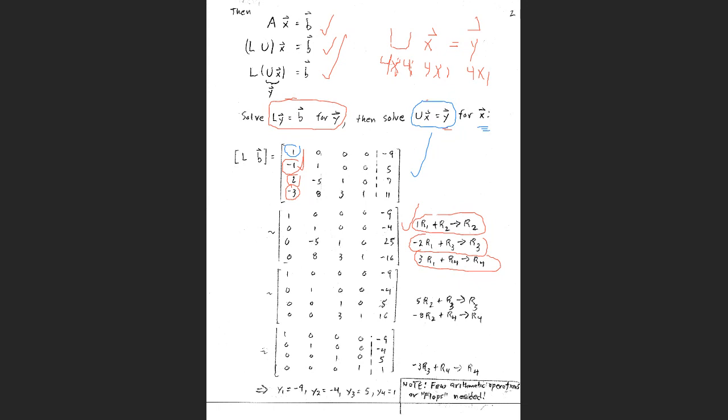But let me ask you, is it difficult to get this matrix based on the first matrix here? Were there a lot of math operations that needed to be done?